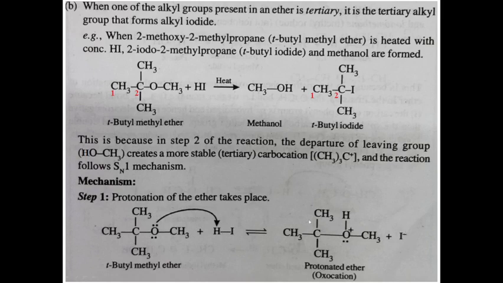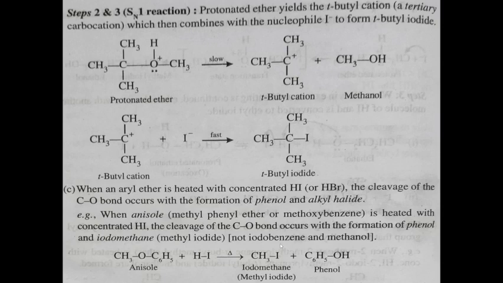This protonated ether then undergoes a very slow step where it forms a carbocation. Methanol is leaving, so this bond will be broken to neutralize the charge, and we get an alcohol and a tertiary butyl carbocation.